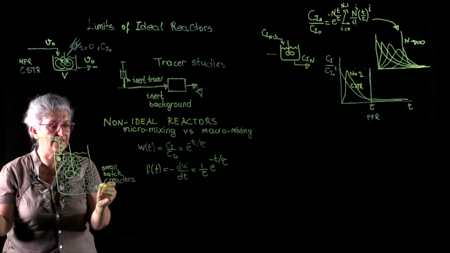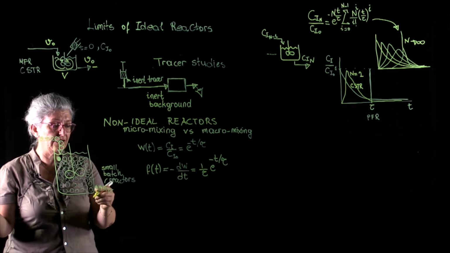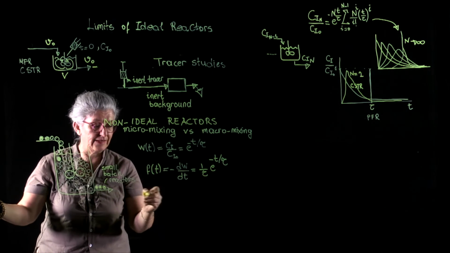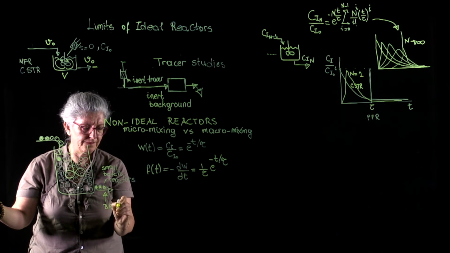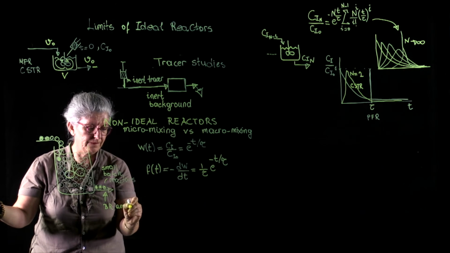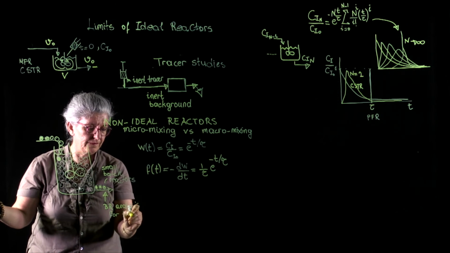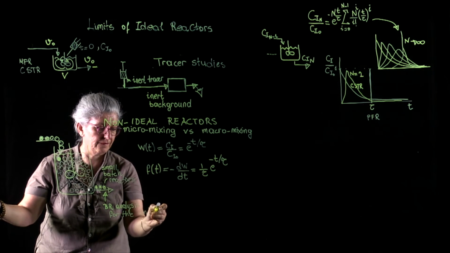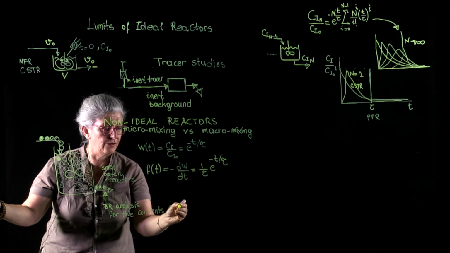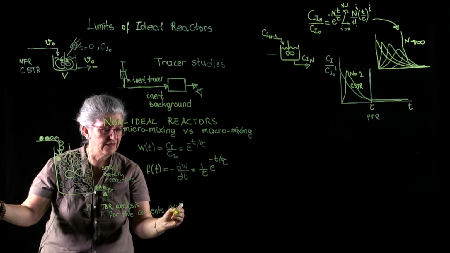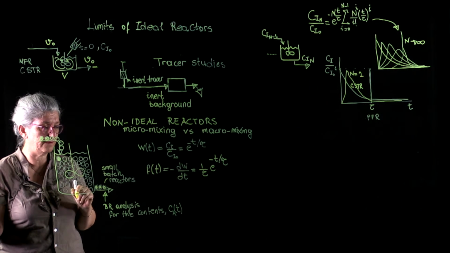Each of them is acting like a batch reactor. So I will have the batch reactor analysis for the contents, so that I have C of t, let me say CA of t, concentration of A as a function of time.